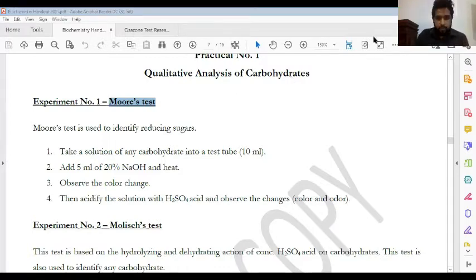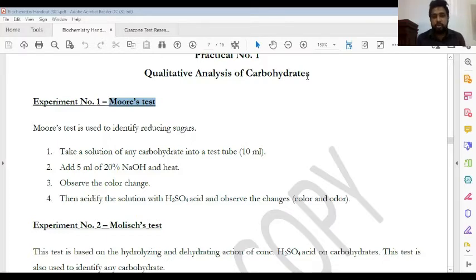Therefore, one has a question: does Molisch's test give positive results for trioses and tetroses? It will give positive results, but the observations that we expect for Molisch's test for hexoses, pentoses, disaccharides and polysaccharides, I mean carbohydrates, would be different from the results for trioses and tetroses.